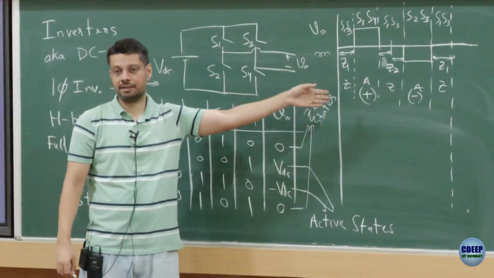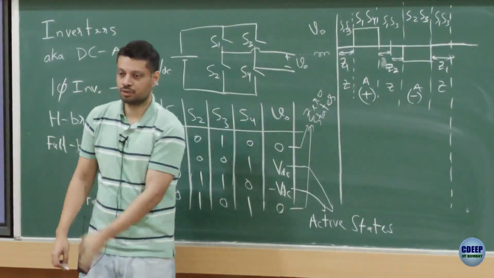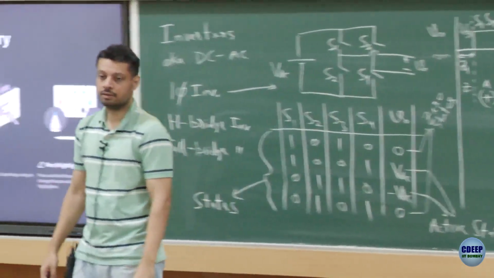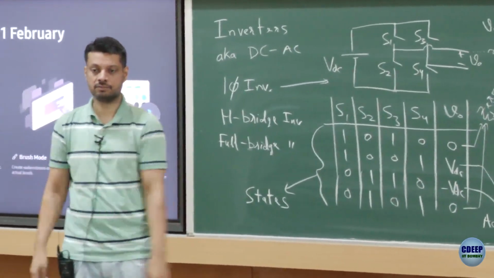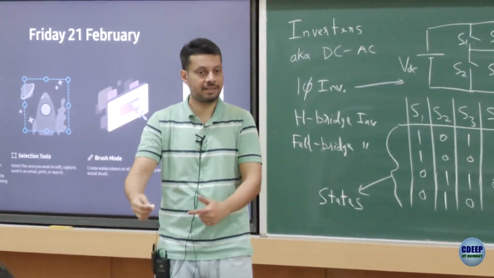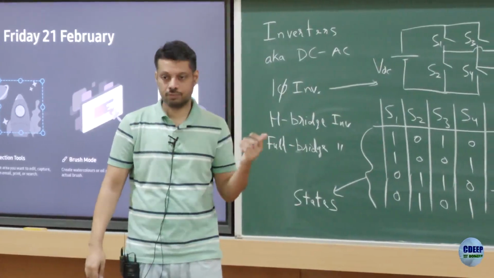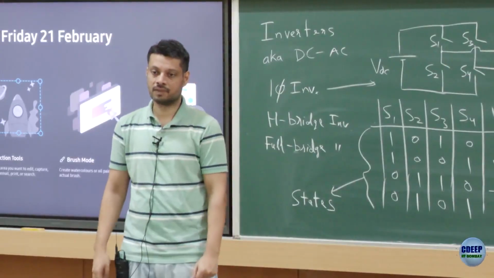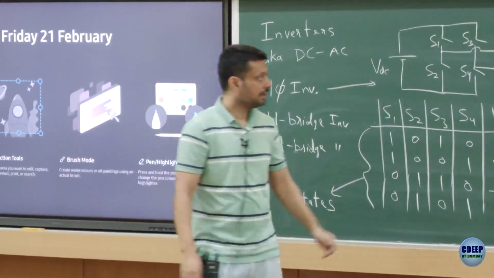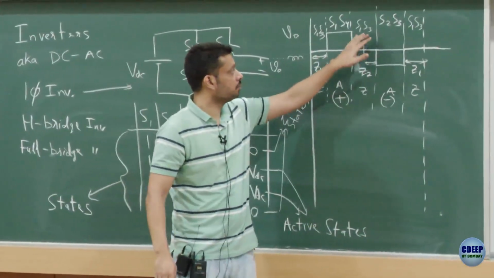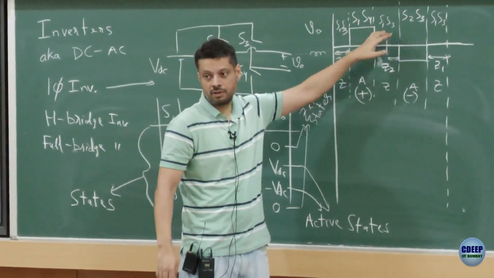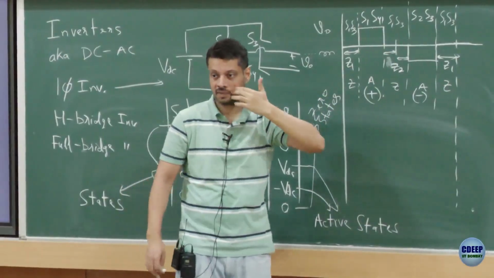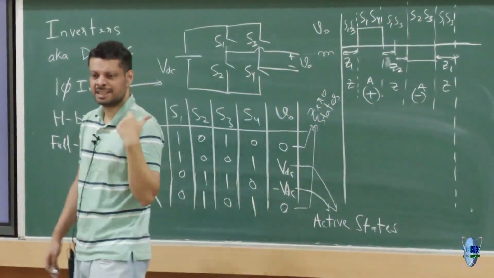In 20 millisecond, how many times will S1 switch? It will turn on once and turn off once. S2, S3, S4, same. If you don't use this sequence and replace this one with S2, S4, still the same. So the switching losses will remain the same.